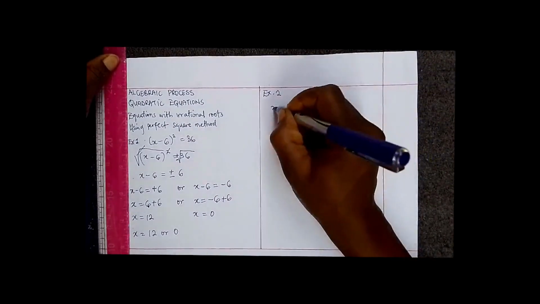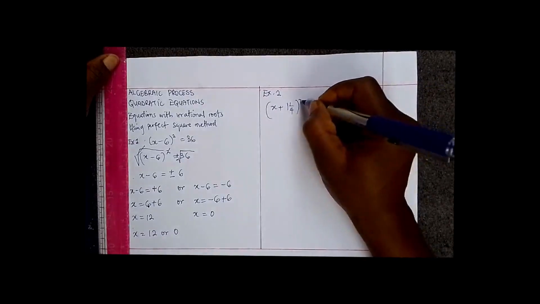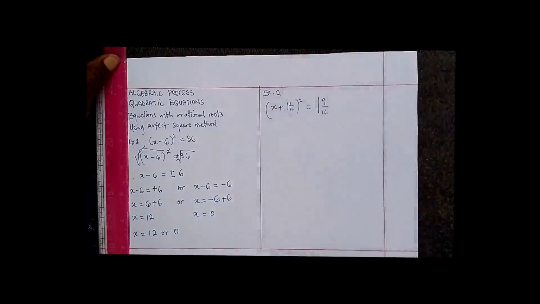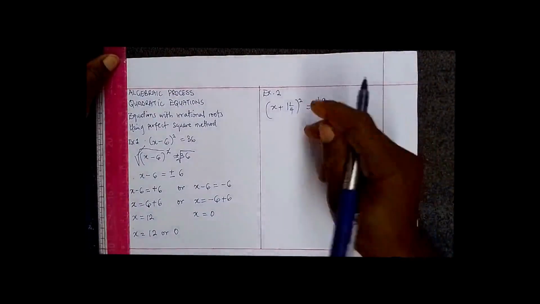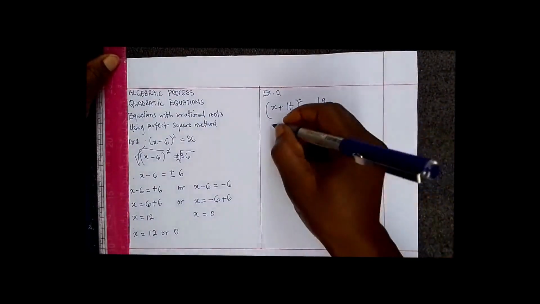Okay, (x + 1¼)² = 1 9/16. Now the first thing you're going to do here is to turn your mixed fraction to an improper fraction.